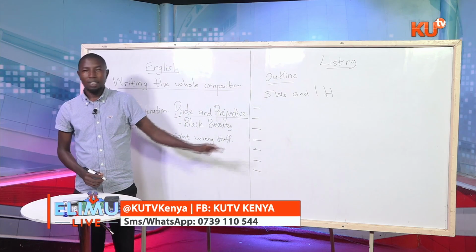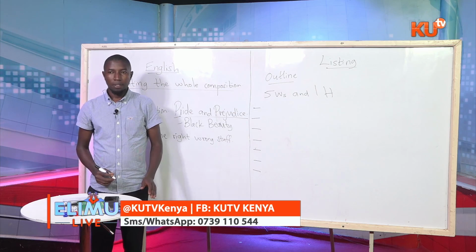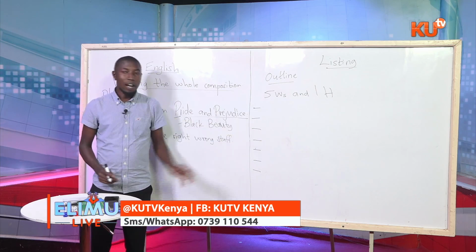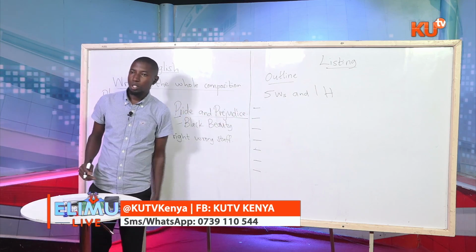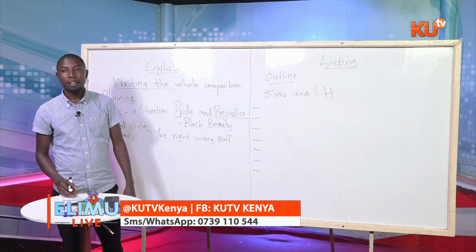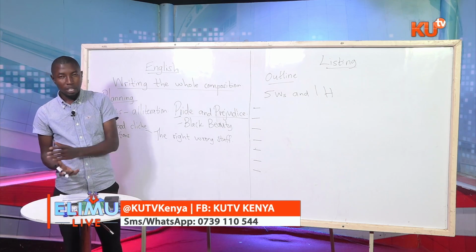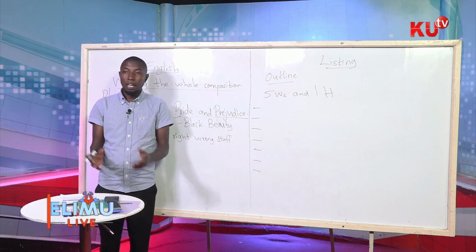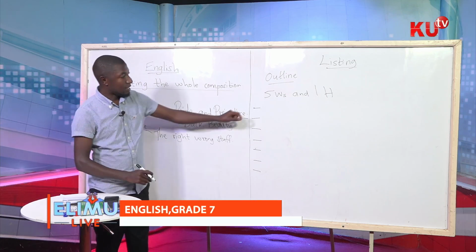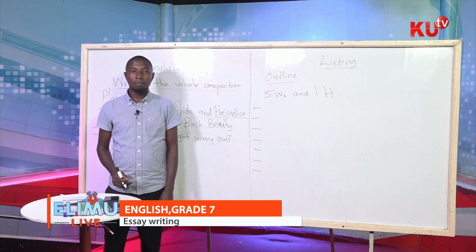That is how to create an outline. You can do this as rough work, maybe behind your composition or essay paper at the page that you will not use, or get another plain paper and write there your outline.